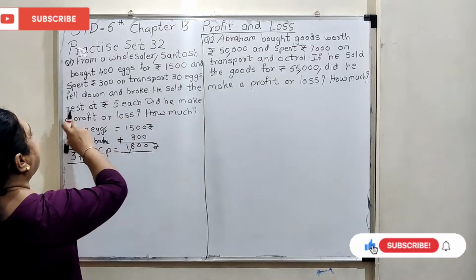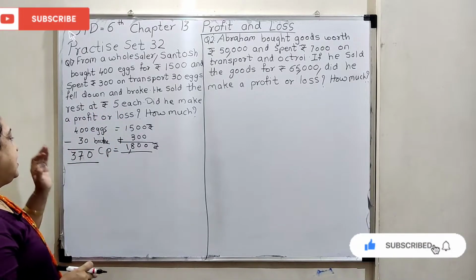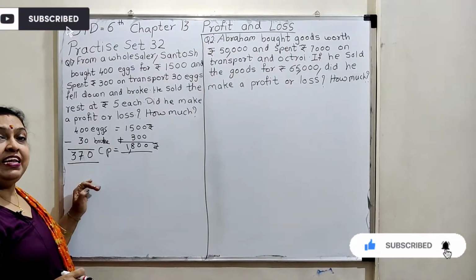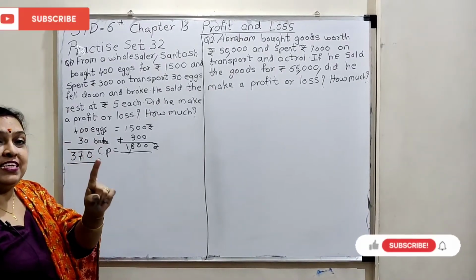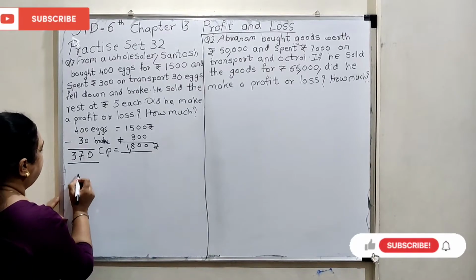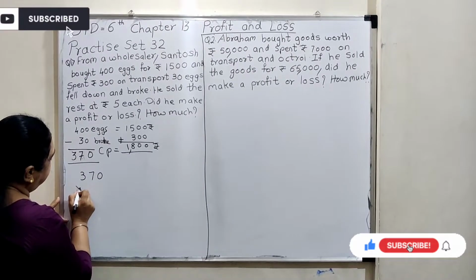They have asked, he sold the rest at rupees 5 each. That means the remaining 370 eggs he has sold for 5 rupees each. So what we have to do? 370 multiplied by 5.